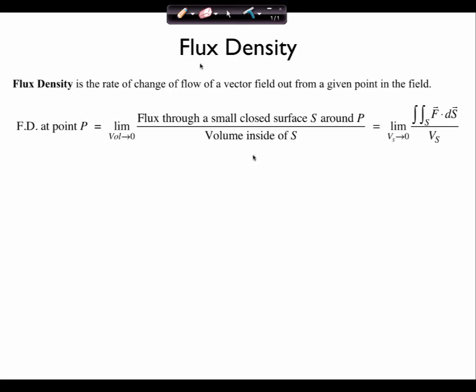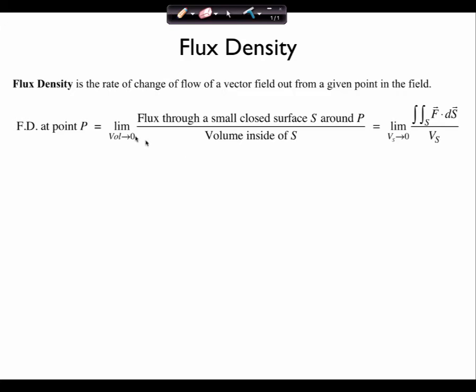A smaller volume for the same amount of flux gives a higher density. Should make sense. And a bigger volume for the same amount of flux is less density, so the flux is less dense. So as you shrink the volume, if you had the same amount of flux for a smaller volume, you'd have higher density of flux.